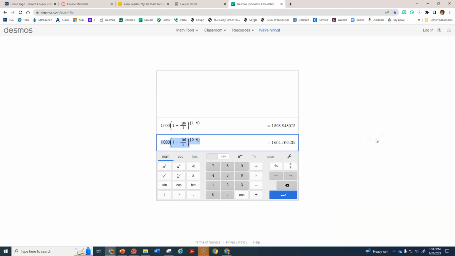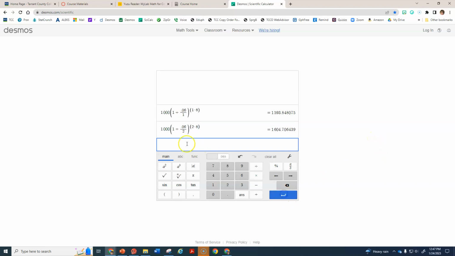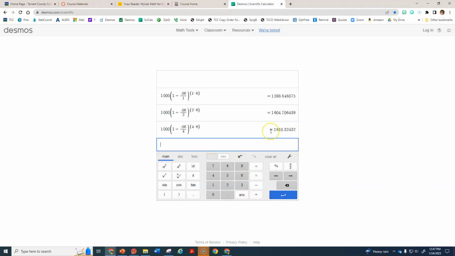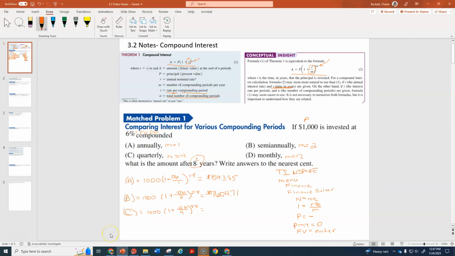So I did Control Copy, I pressed enter, then I did paste, and then just went back and changed that to a 4 and changed that to a 4, pressed enter, and I got $1,610.32. So that's the amount for compounded quarterly.